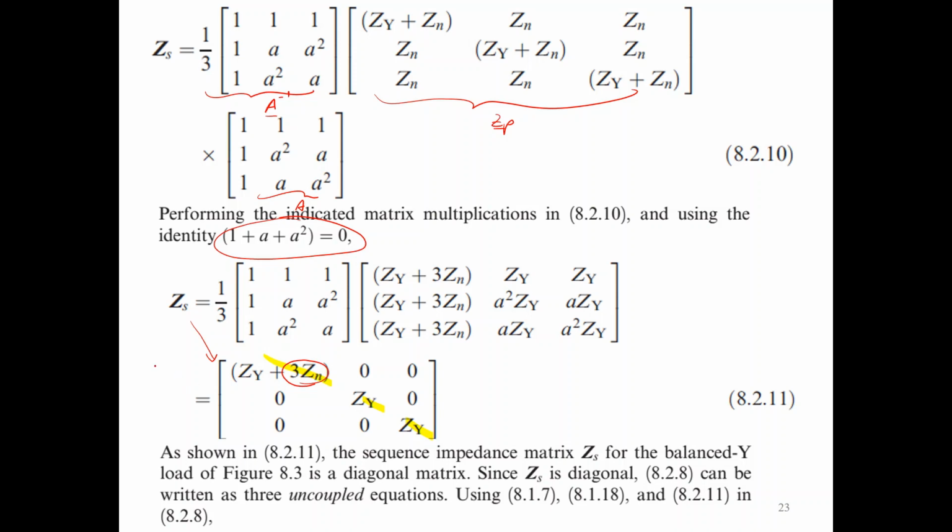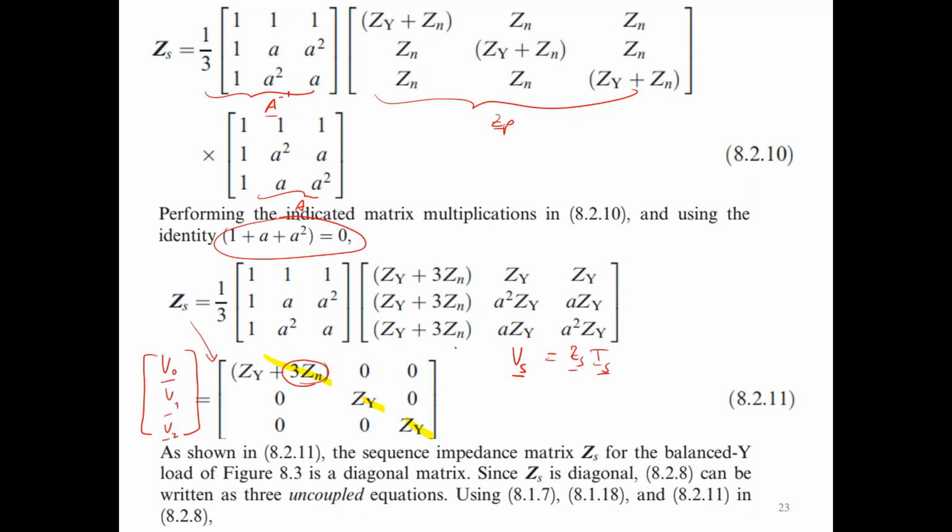If you put it back into the original equation, you remember VS is equal to CS times IS. On the left side, this would be V0, V1, and V2.